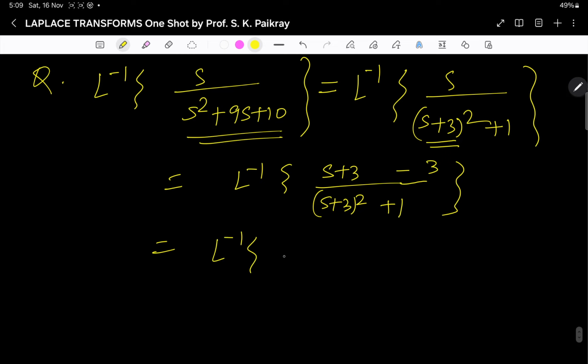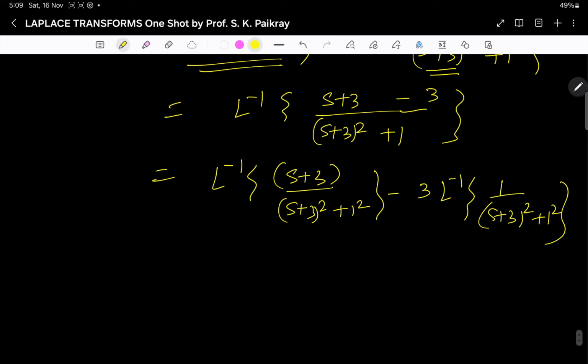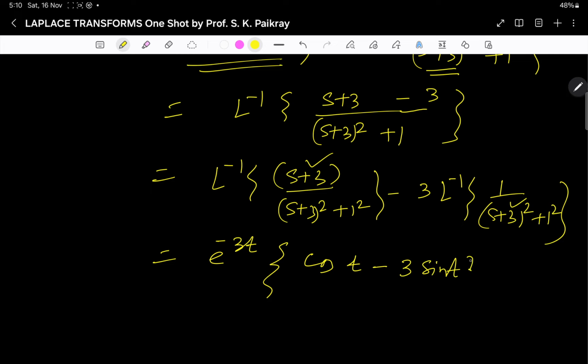So this is my L inverse of (s plus 3) by ((s plus 3) square plus 1) minus 3 L inverse of 1 by ((s plus 3) square plus 1). Now I apply the formula here. Because of s plus 3, I write e to the power minus 3t outside. Then you simply think it is s by s square plus omega square, it is cos omega t, and it is omega by s square plus omega square, it is 3 sin t. So this is my answer now.